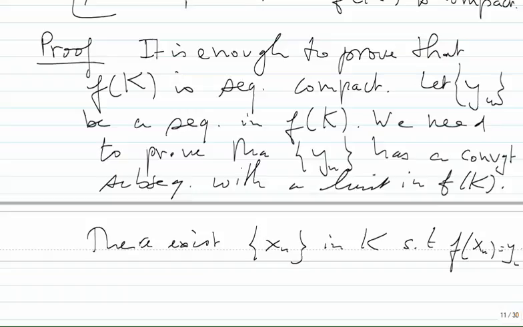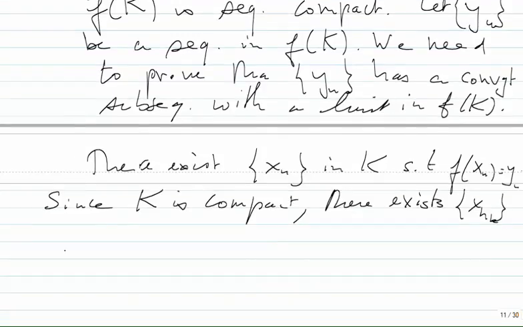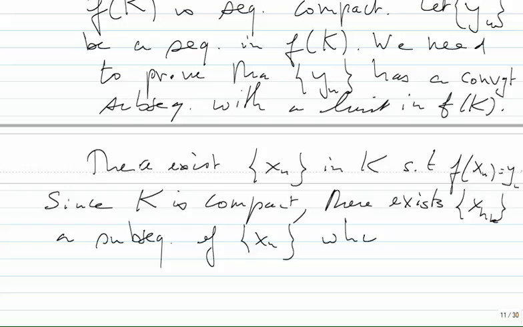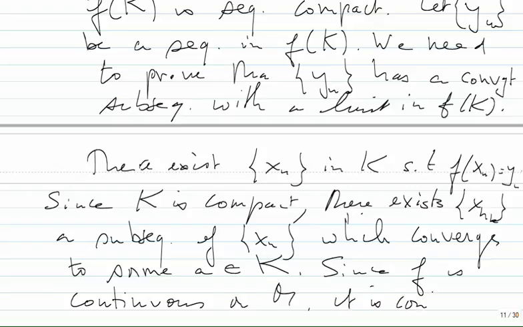Now we use the fact that K is compact. Since K is compact, there exists a subsequence xnk of xn which converges to some a in K. Since f is continuous everywhere on M, it is continuous at a.